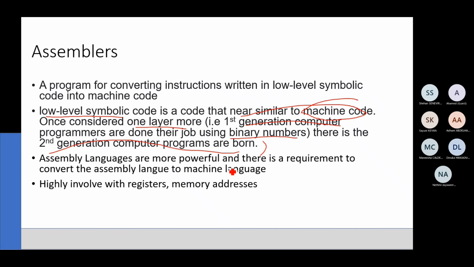They deal with registers, memory addresses, and so forth, because the assemblers are focusing on the translation process. This translation process requires a number of registers, which provide a lot of services for us. It might be general purpose registers, or specified registers which are focused on assemblers only.